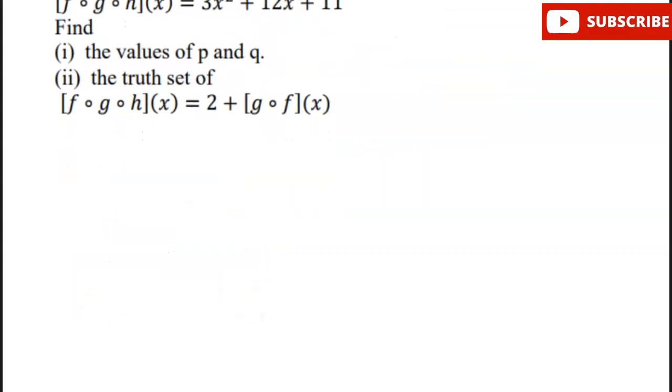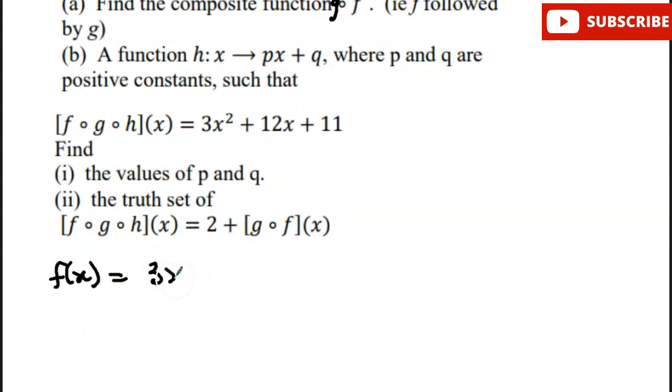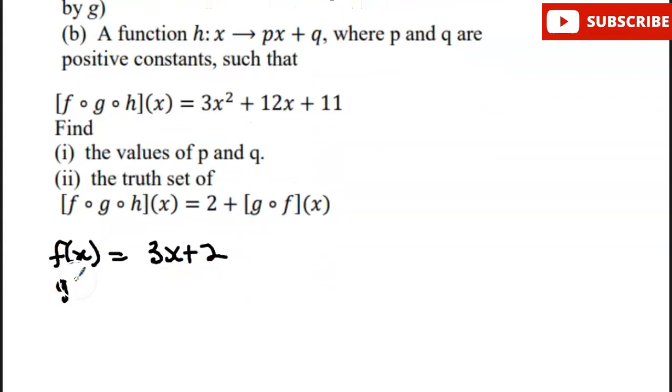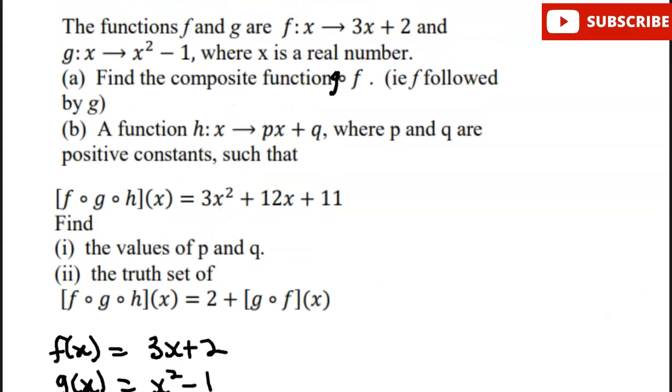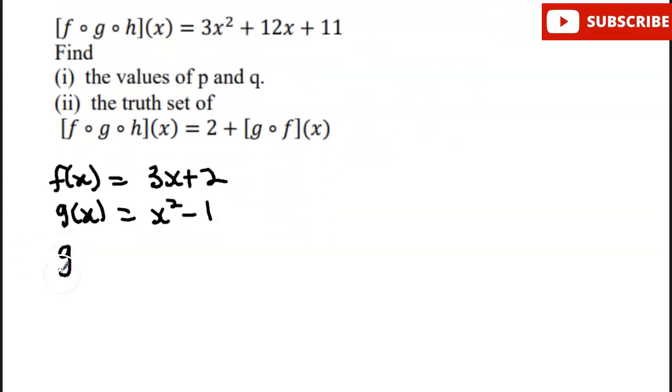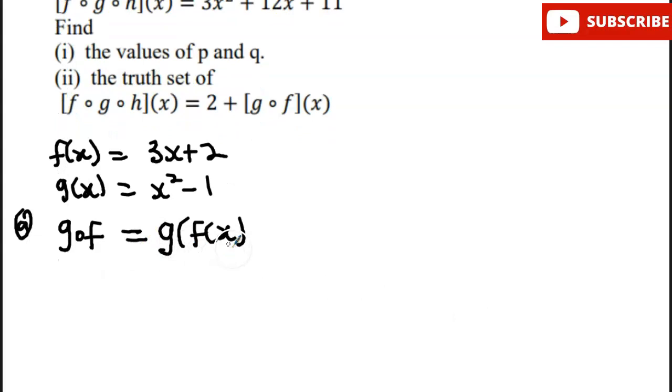Okay, so let's start with f of x is equal to 3x plus 2, and g of x is equal to x squared minus 1. First, we have to find g o f. This is the same as g of f of x. So we are going to put the function f in g. What is the function f? 3x plus 2. So we go back to the function g.